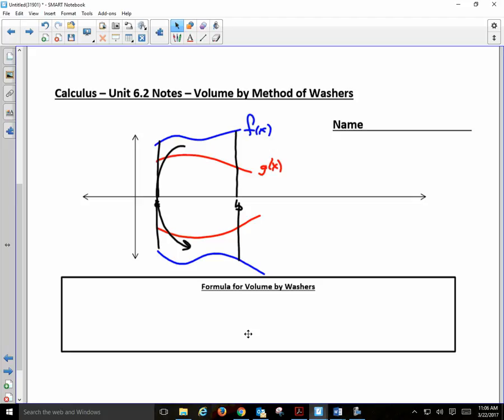If I were to slice off one of the pieces, here's what I get. I have that rectangle.